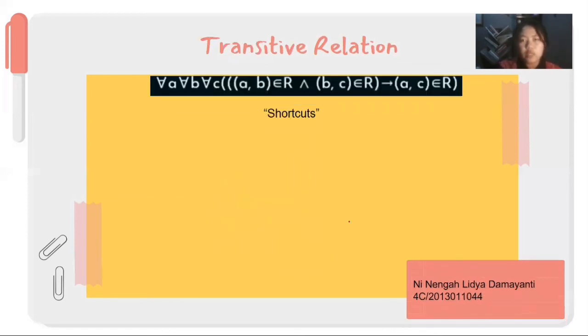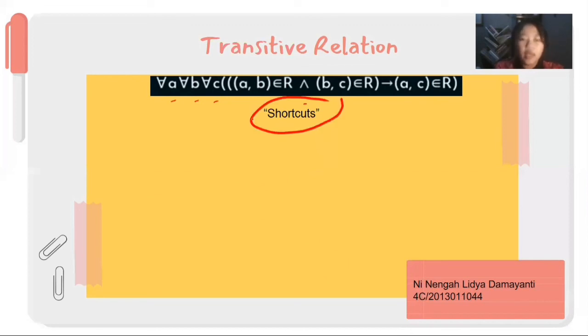Okay, and the last one, we'll talk about transitive relation. For all a, b, and c, if (a, b) belongs to R and (b, c) belongs to R, then (a, c) must belong to R. This relation is also called shortcut.